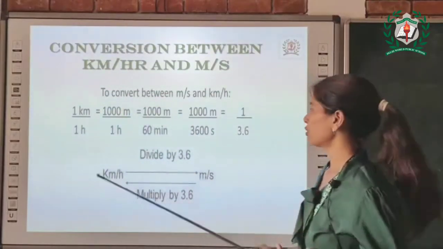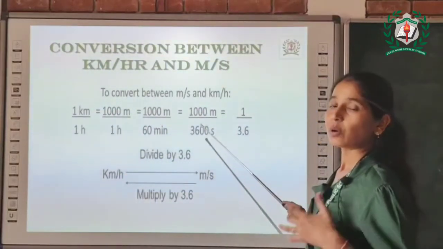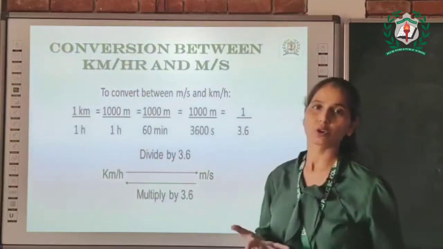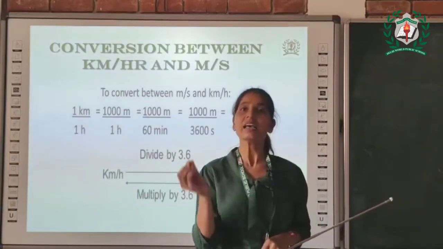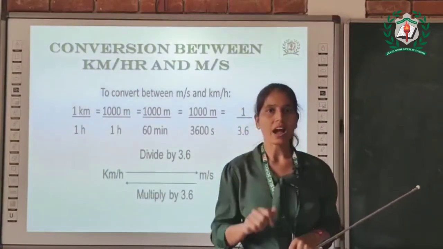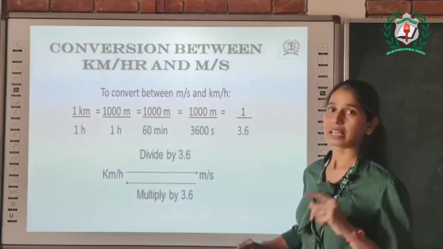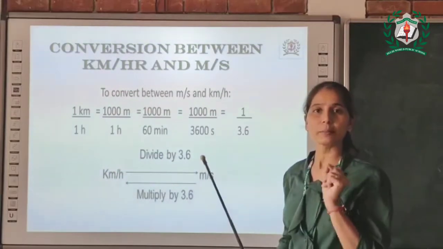But if we want to change these 60 minutes into seconds, then what will we do? We'll multiply this 60 with 60. Why are we doing so? Because we know that there are 60 minutes in 1 hour. So this is how we'll convert this hour into minutes. But we know that there are 60 seconds in each minute.